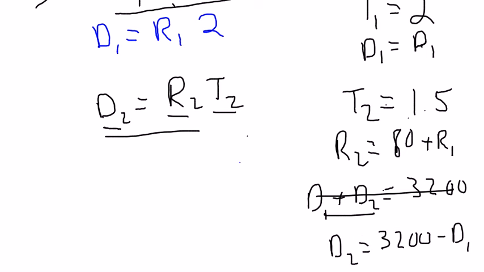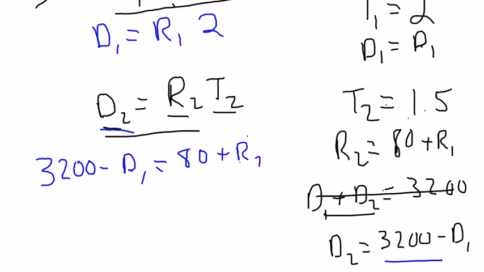We know D2 is going to be 3,200 minus D1. And R2 is 80 plus R1. And T2 is 1.5.